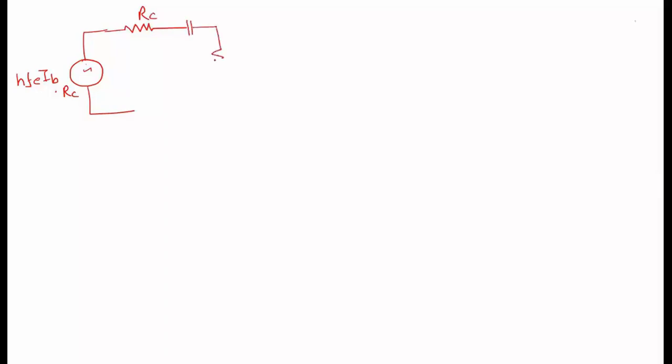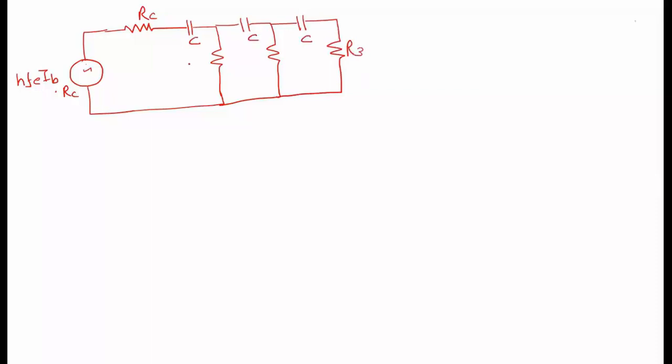Now the capacitor, resistor, again capacitor and resistor, this capacitor C and resistor R3. So this is the simplified equivalent circuit.